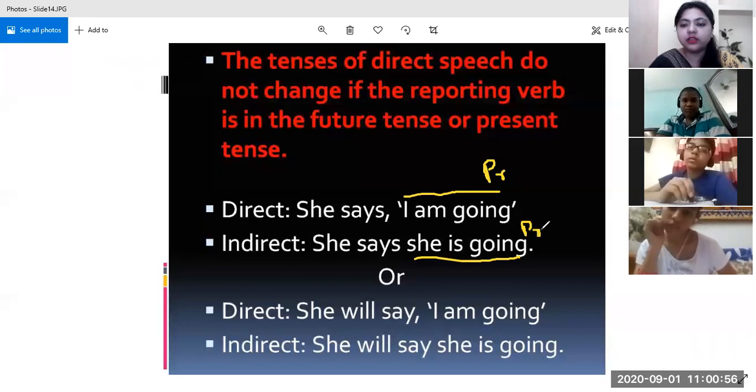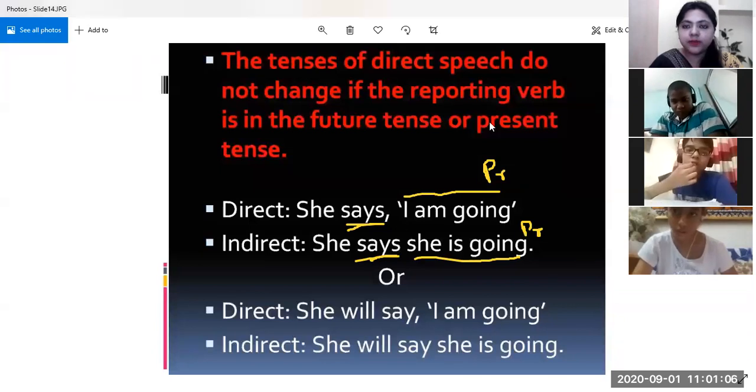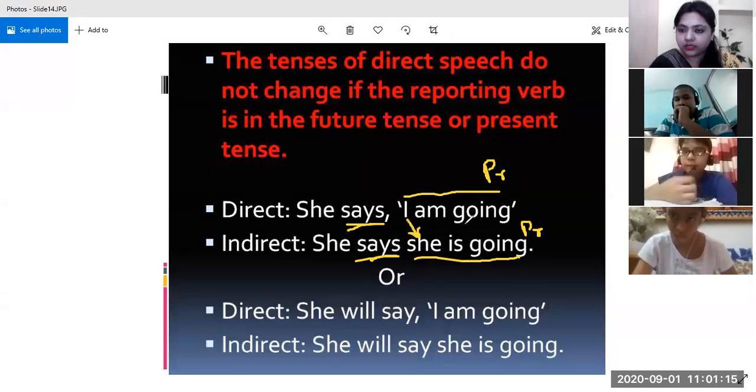Why are both the sentences in present? Because the reporting verb is in present tense. So we are just making the change in the pronoun and not in the tense. And why not? Because the reporting verb is in present tense.